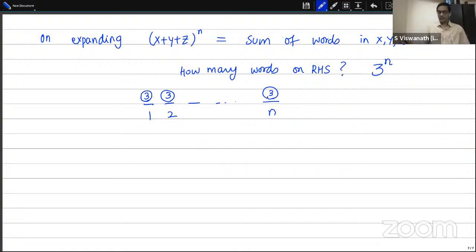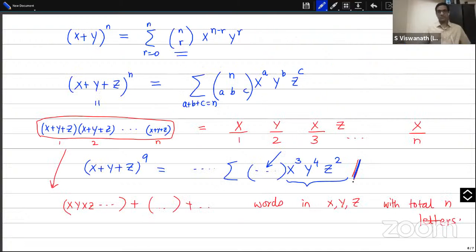But then the question I'm asking here is, after I expand these 3 power n words and collect coefficients, many of these words will actually be the same monomial, right? Because if I had x, x, y, z, or x, y, x, z, these are both finally the same monomial, x square y z. Why is this? Because the variables x, y, and z are commuting variables. We're thinking of them as polynomials in these commuting variables.